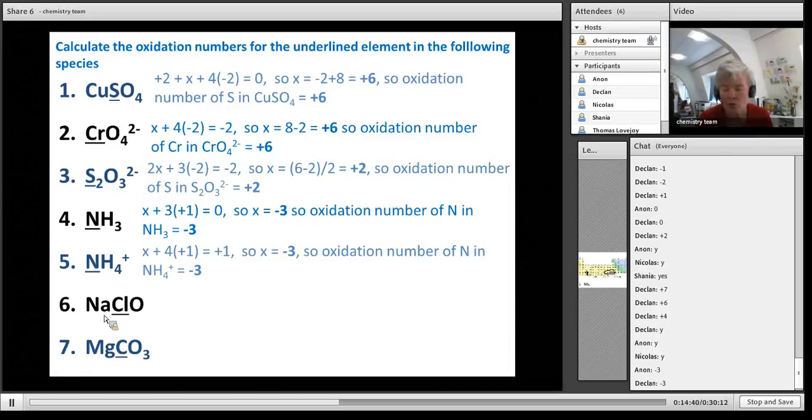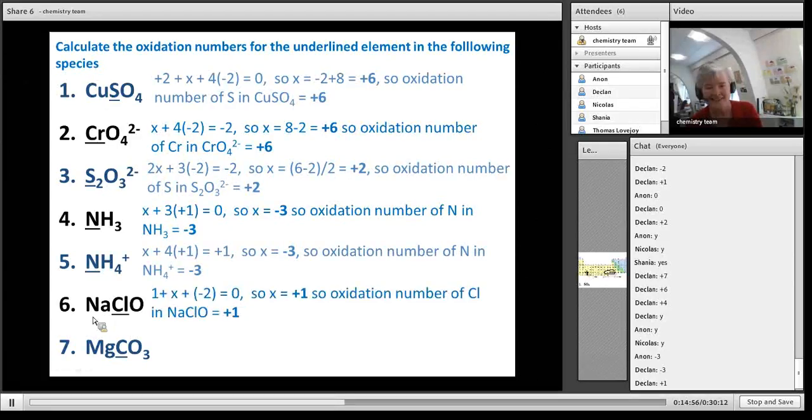hypochlorite? What is the oxidation number of chlorine in sodium hypochlorite? Well done, Declan, you're onto it. So remember, sodium, group 1. So it can only form the +1 ion. Can't do anything else.